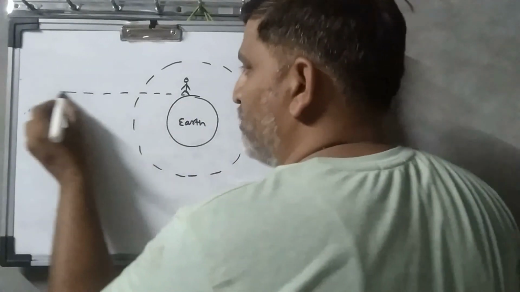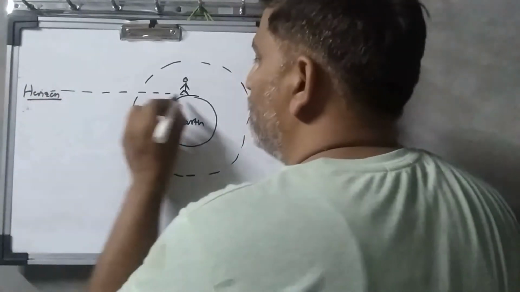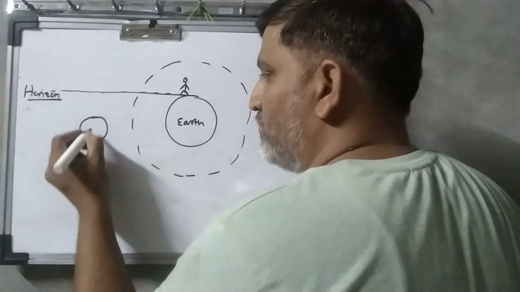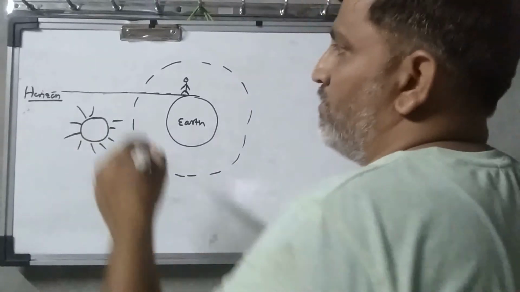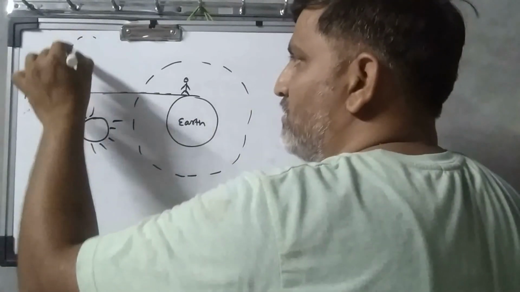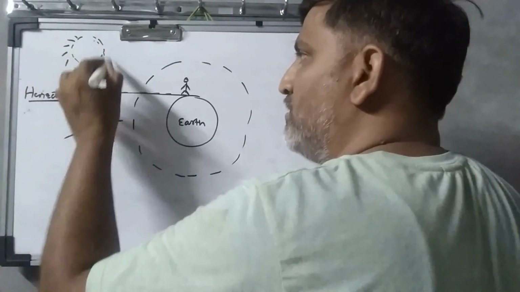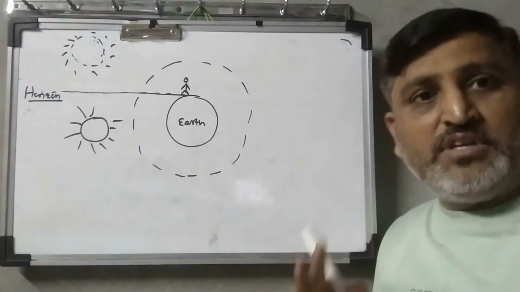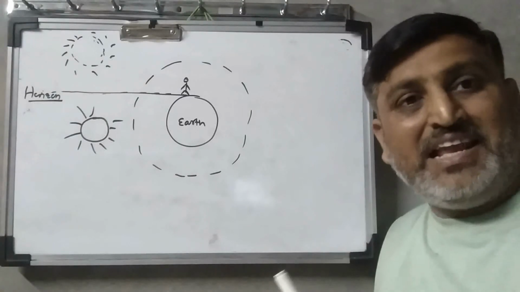This is the horizon, a straight line over here, and now the sun is over here. We see this sun due to refraction. This is one of the concepts: early sunrise and late sunset.